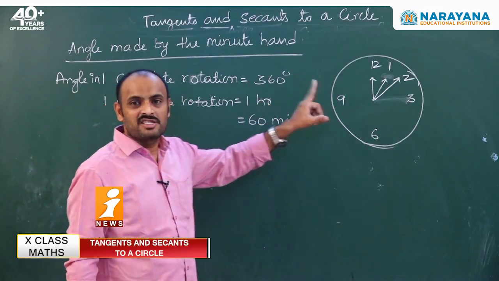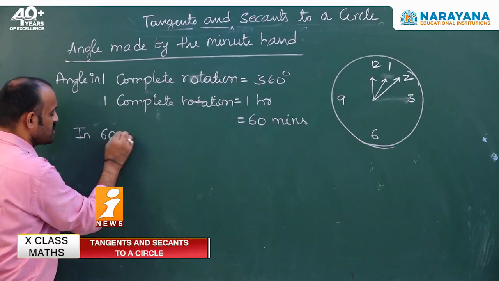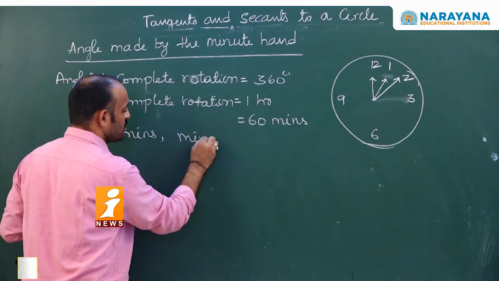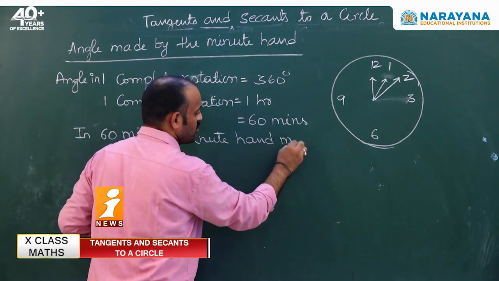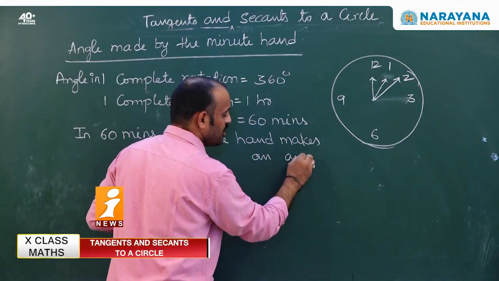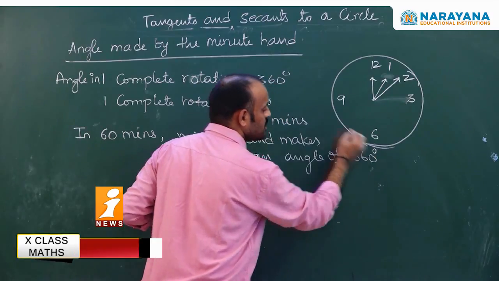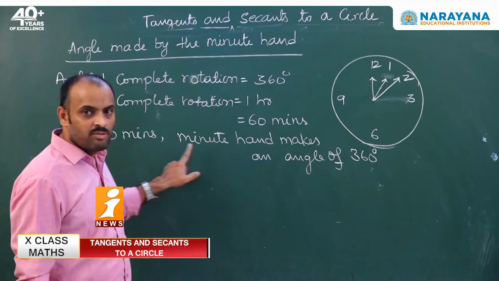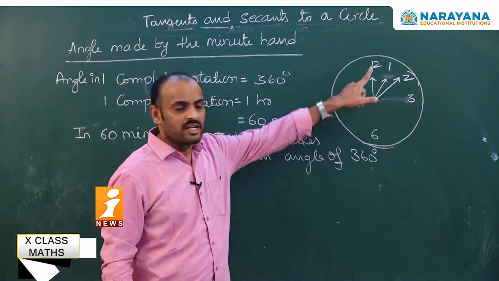So, in 60 minutes, the minute hand makes an angle of 360 degrees.